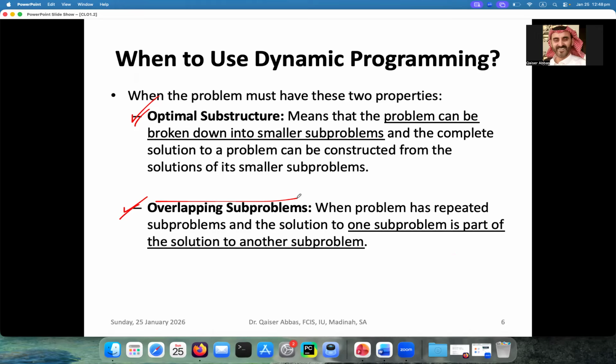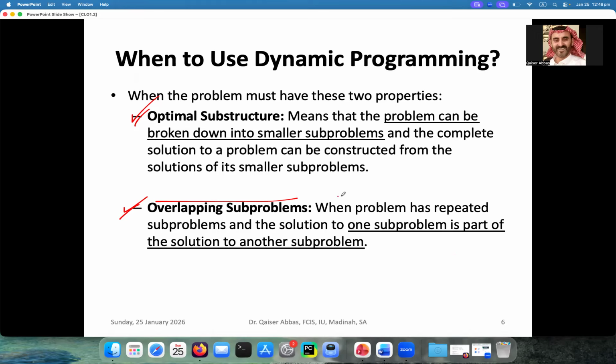If you have repeated subproblems in your problem. For example, you have calculated something already, and then you are calculating it again somewhere. Then this is an example of that repeated process.